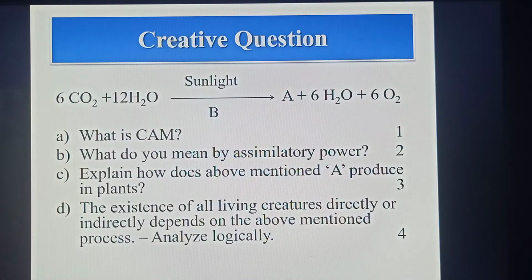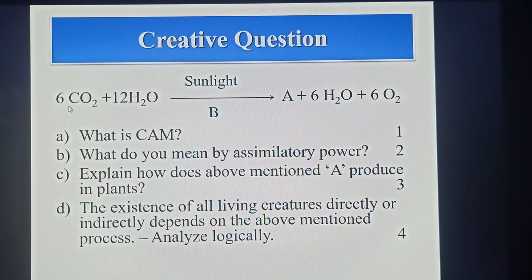After completing these two topics, the light independent or dark phase and anaerobic respiration, here is a creative question for you. Look at the stem. It is 6 carbon dioxide, 12 water, here it is sunlight, here it is B, here it is A, 6 water and 6 oxygen.